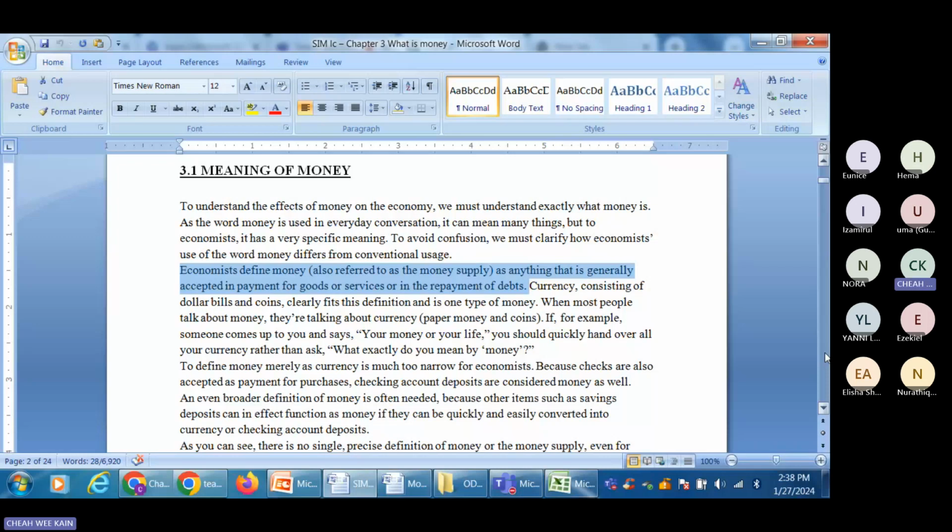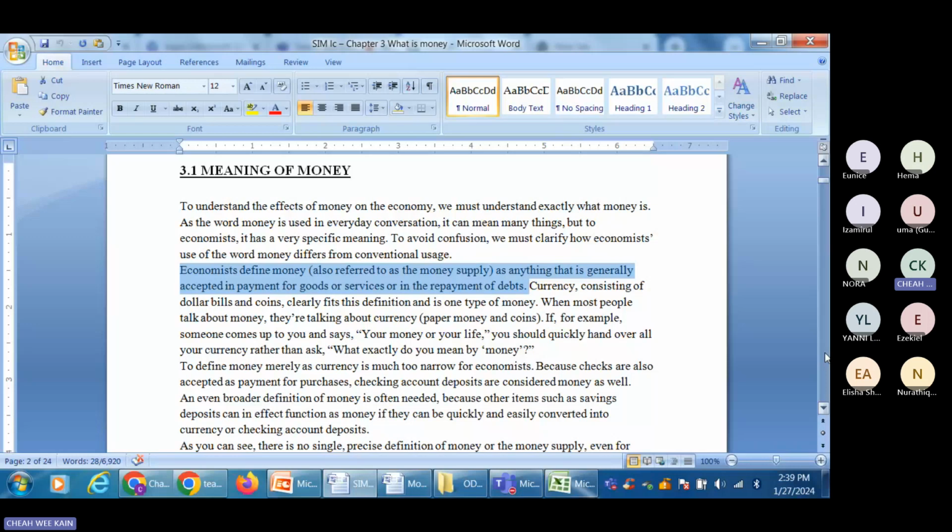Currency is part of money. So money is anything that can be used to buy services. If you go to the bank and borrow money, does the bank give you the currency? No. They put in an account for you with the numbers, and you use that number to transfer or issue checks. So it can buy things, therefore you can consider it as money.